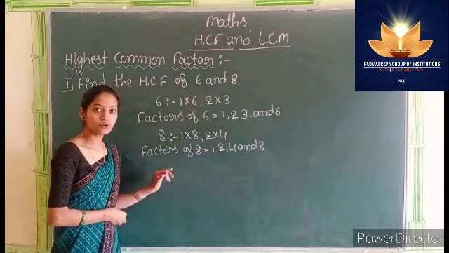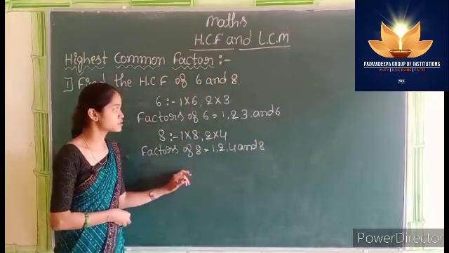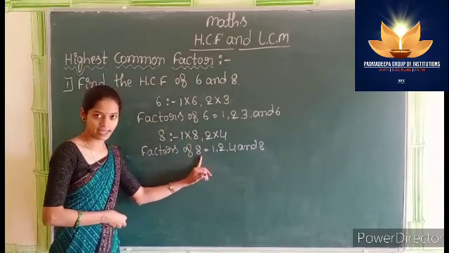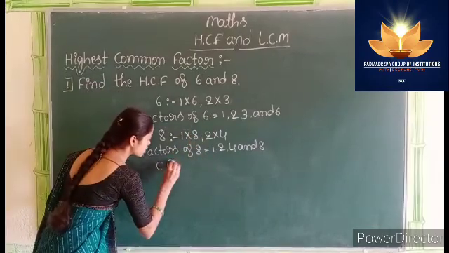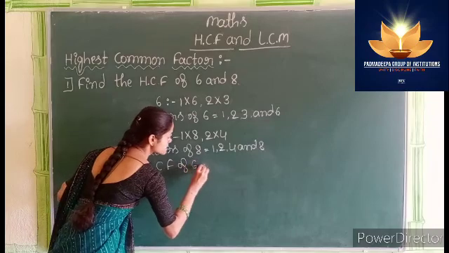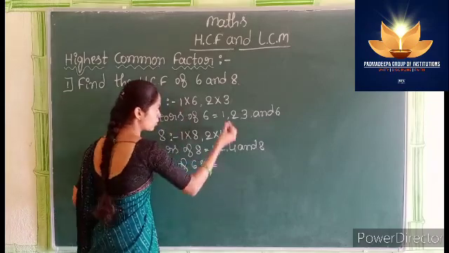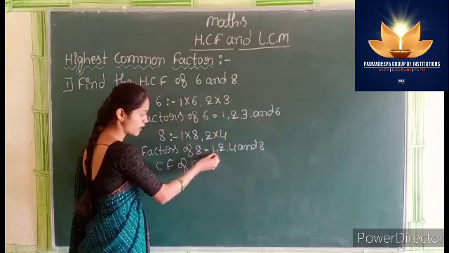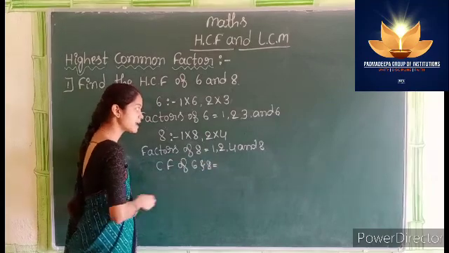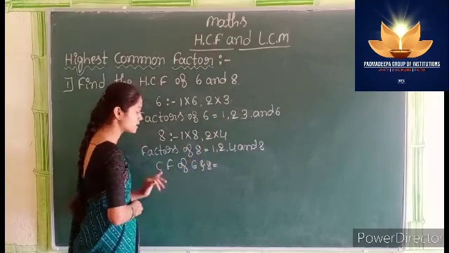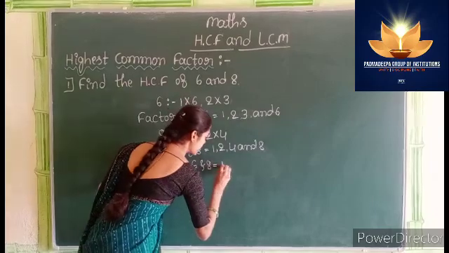Now we have to identify the common factors of 6 and 8. 1 is also a factor of 8, so we can say 1 is a common factor of both 6 and 8.